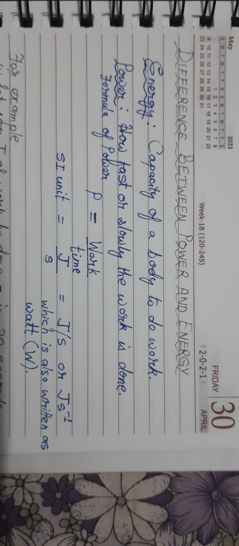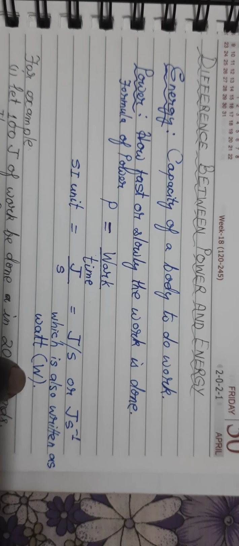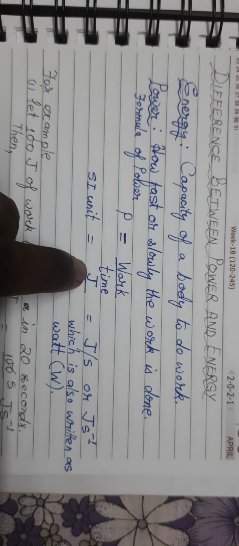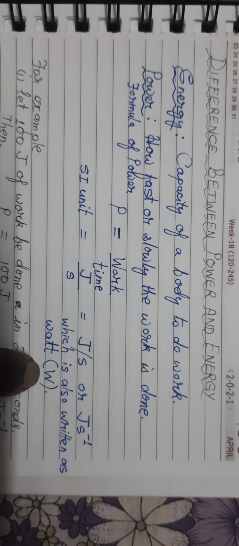It is pronounced as joules per second, but joules per second has another name, watt, and this is the general unit followed in SI, watt, and in short form we write capital W. Like joules we write in short capital J, just like that watt is written as capital W.